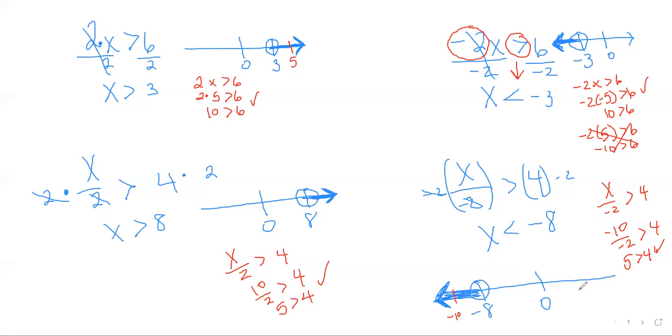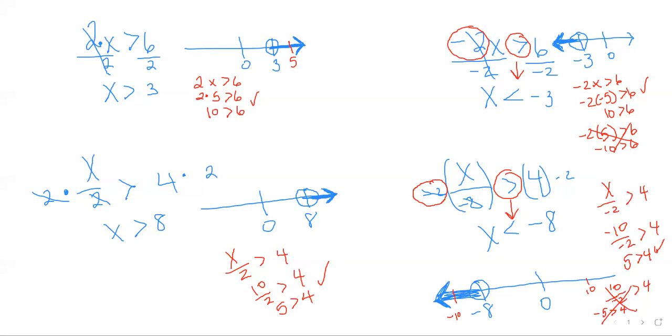Now, had I graphed it wrong and forgot to flip my inequality sign, I could have chosen, I don't know, positive 10. So let's see if positive 10 would have worked. Okay. 10 divided by negative 2, is that greater than 4? Well, 10 divided by negative 2 is negative 5. Negative 5 is not greater than 4. So again, if you divide or multiply by a negative, you need to switch that inequality sign around.